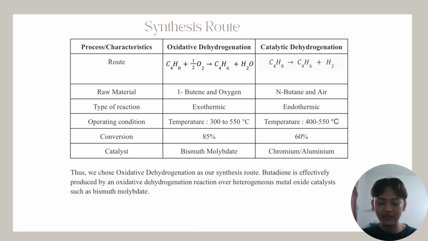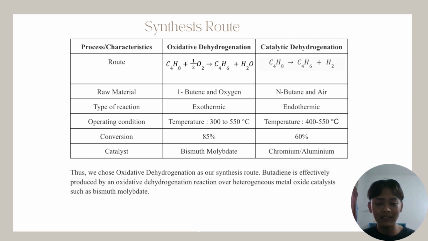Hello everyone, I am Hazim Shahmin, and as for my part, I'm going to explain the synthesis route and also the kinetic reaction. For this project, we are assigned to propose two possible routes for the best outcome of production of butadiene. We have come up with oxidative dehydrogenation as our first route and catalytic dehydrogenation for the second route.